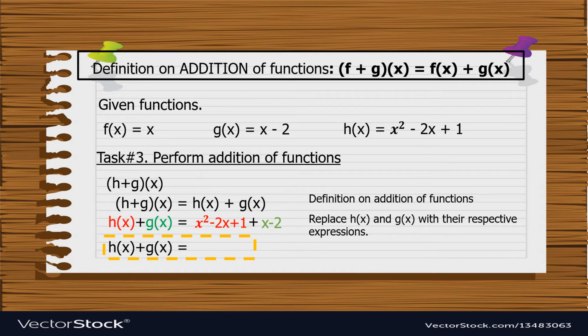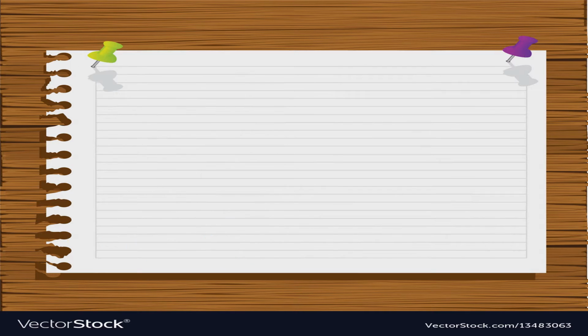Now, h of x plus g of x equals x squared minus x minus 1. Now, let us check these two examples.